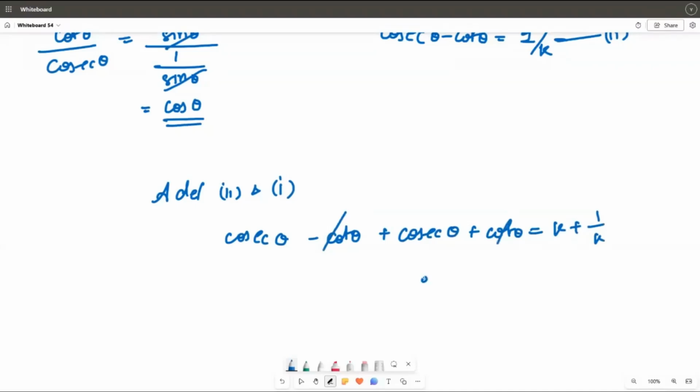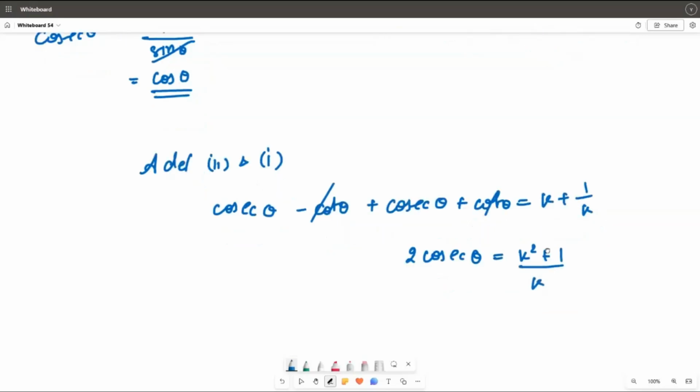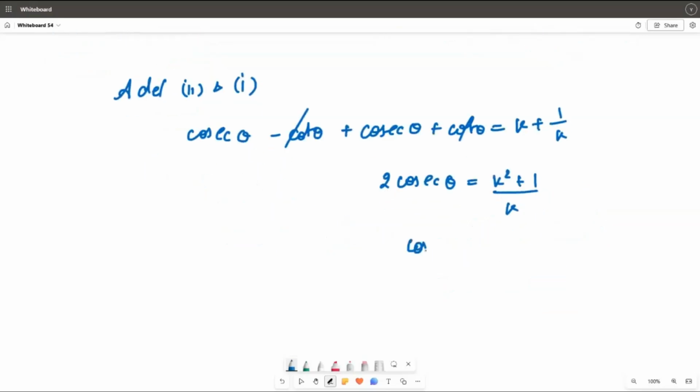The cot thetas will get cancelled. We have 2 into cosec theta is equal to k squared plus 1 by k, and cosec theta is equal to k squared plus 1 by 2k. I brought that 2 to the right hand side. Let's consider this as the third equation.